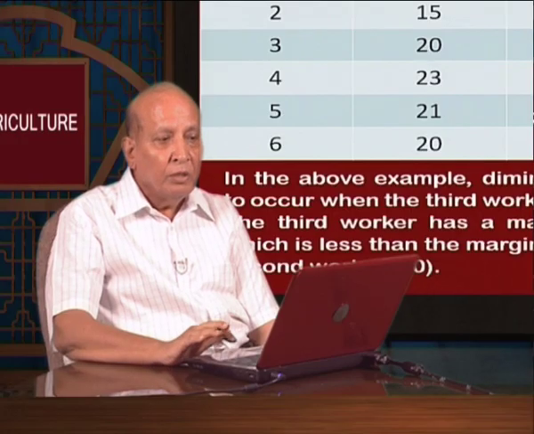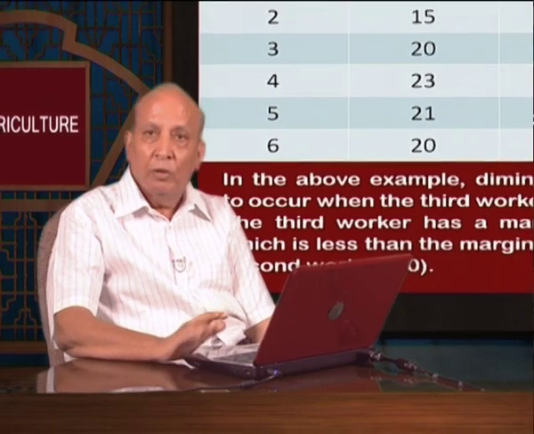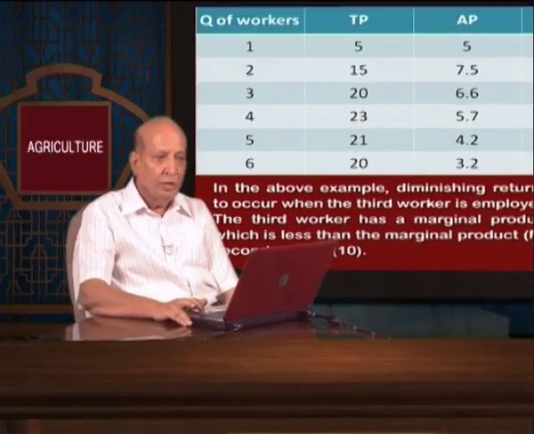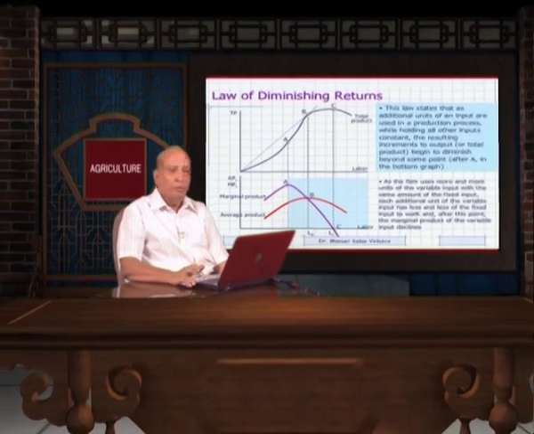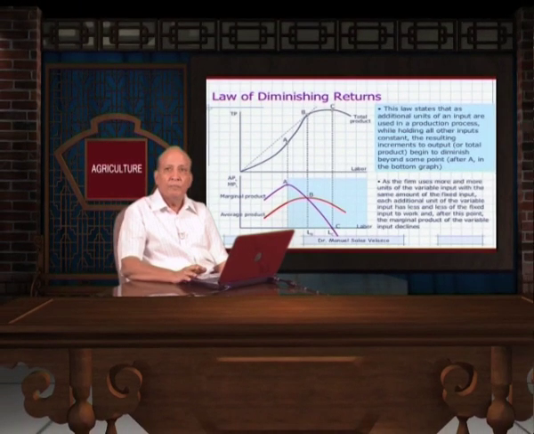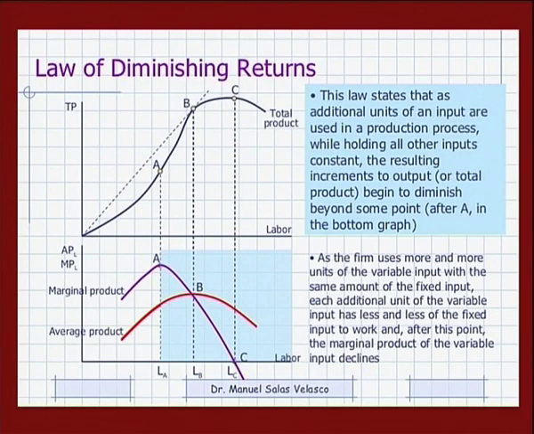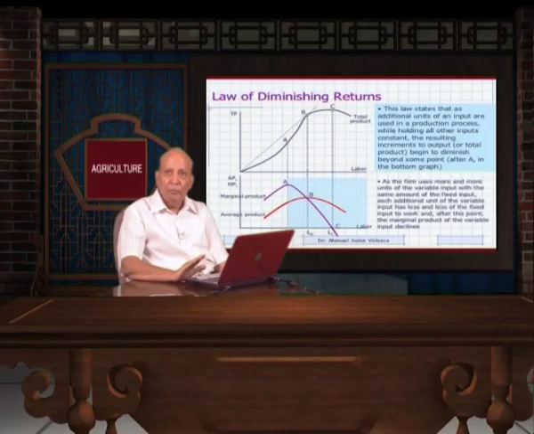Now, the same thing can be shown in our figures. First of all, the law of diminishing returns. First I mentioned, if we increase our inputs, the production will increase, but at a certain level the production will become constant and then it will decline.